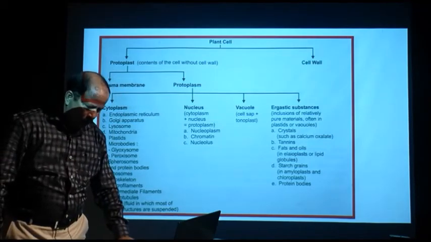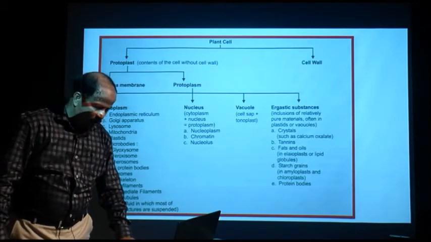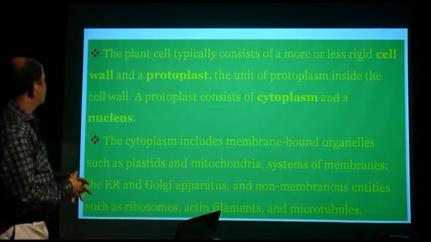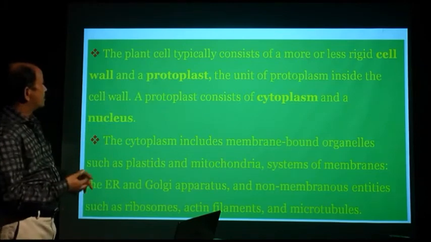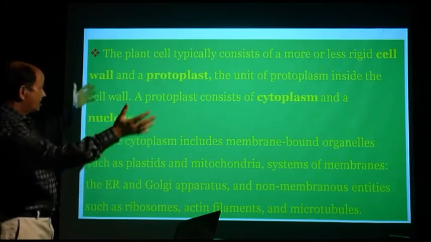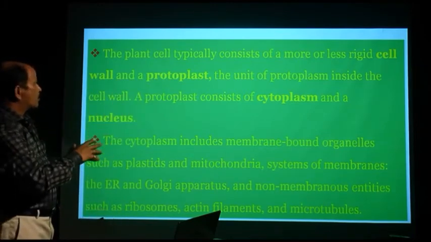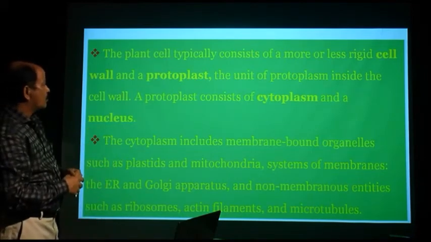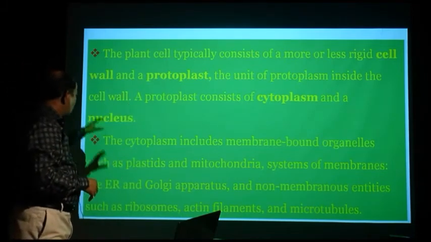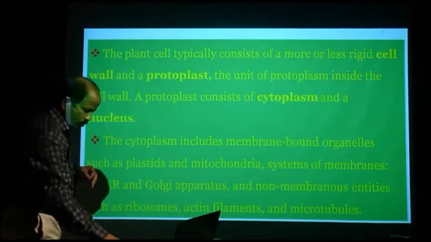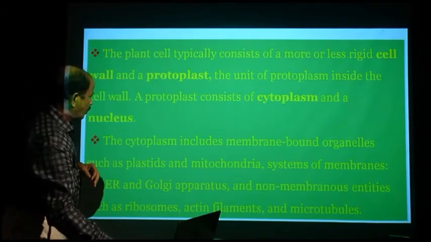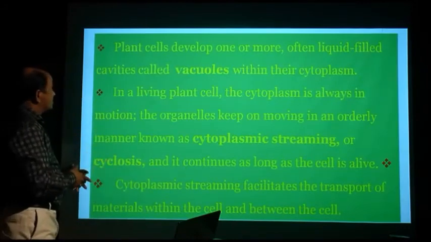Already I have told what role they play in the cells, right? The plant cell, the same description. The plant cell typically consists of a rigid cell wall. It encloses a protoplast, and the protoplast encloses the ground substance, that is cytoplasm, and the major organelle in the protoplasm is your nucleus.